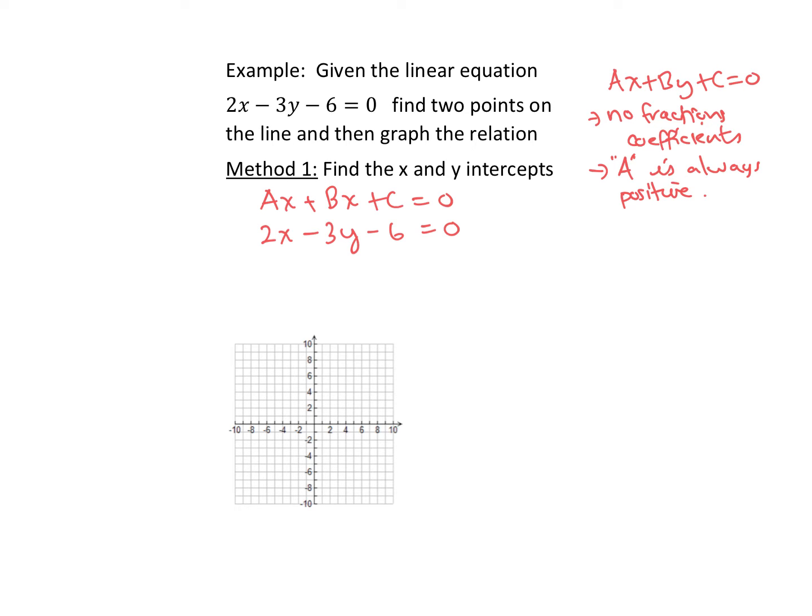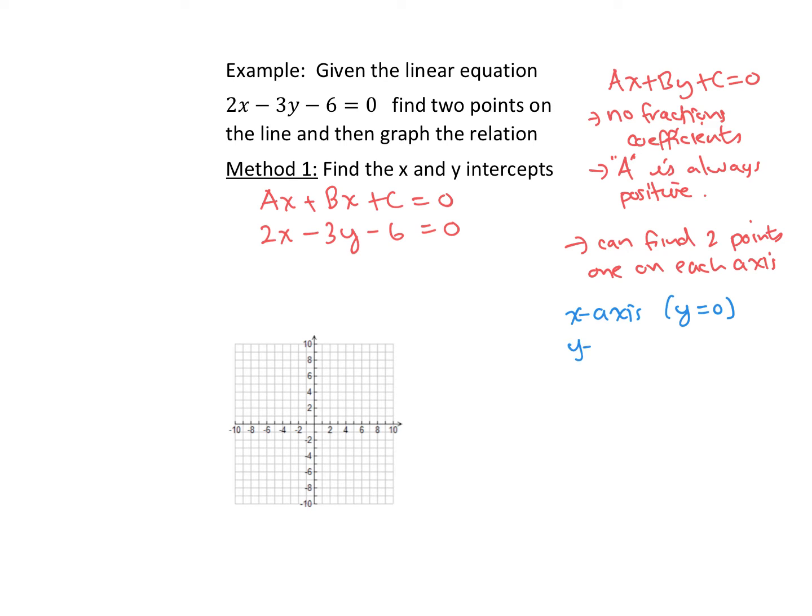Okay, so how do we find 2 points if it's in standard form? Well, we can find 2 points that are on the axes. So we can find one on each axis. So if we want to find a point on the x-axis, all the points on the x-axis, y is 0.